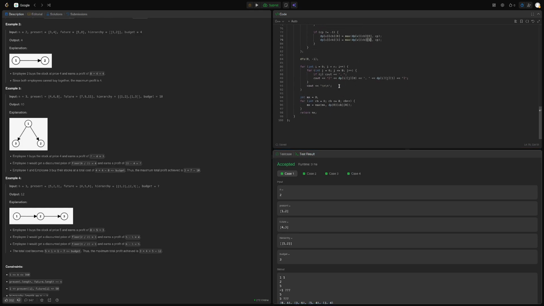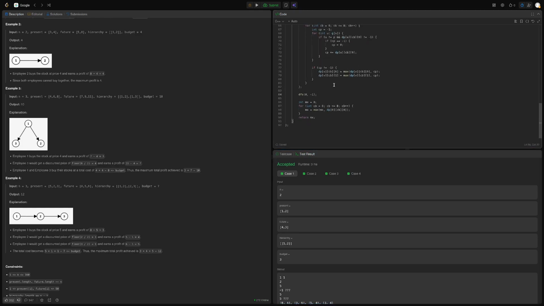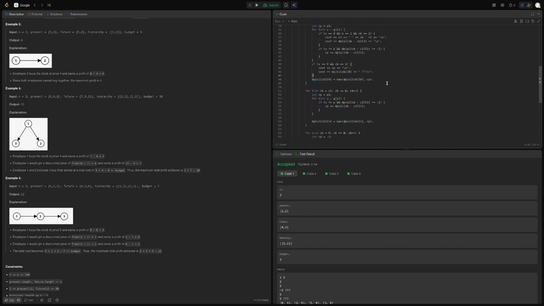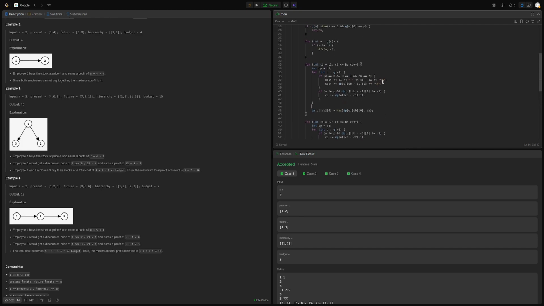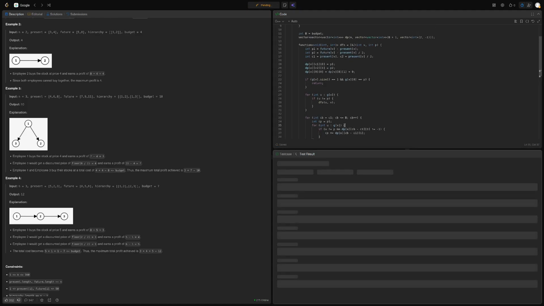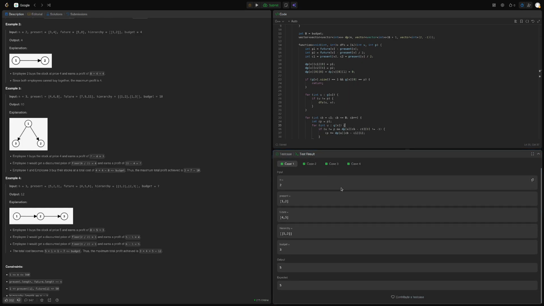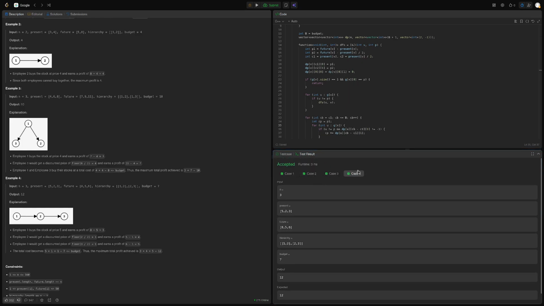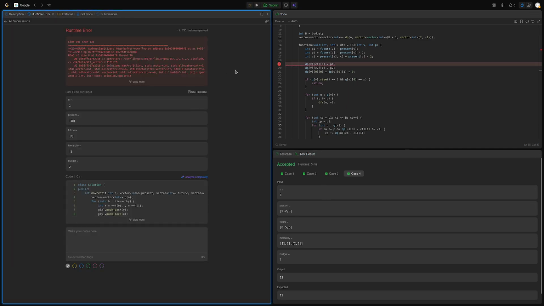No way it passes all the tests. Let's delete the prints. Time complexity is not great, but constraints are pretty lenient, so let's see if we can do this.